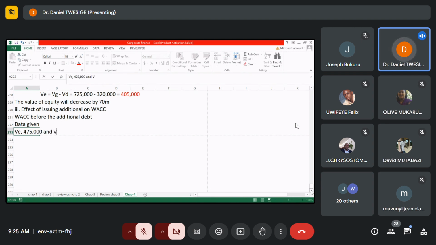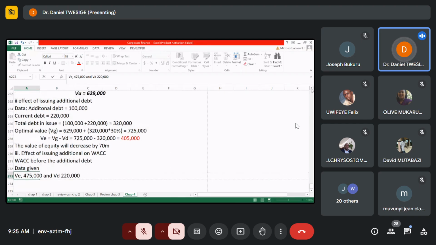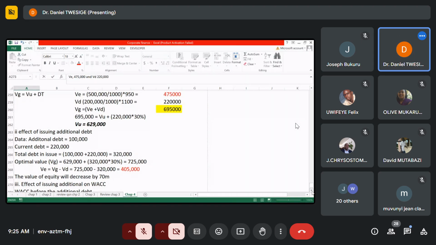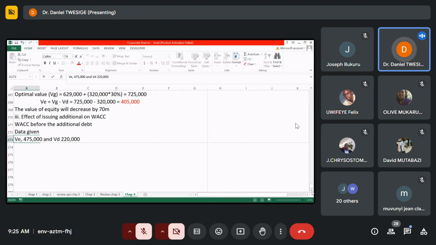And we have VD, which is 220. And we have KU, which is 14%.